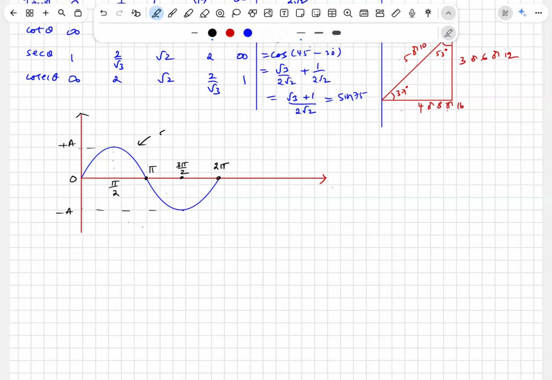Remember, this is the sine theta graph. In fact, I should actually write it as y is equal to a sine theta graph. Boys and girls, any doubt? A is the maximum value of y. In graphs, it is called amplitude, the maximum value of y.